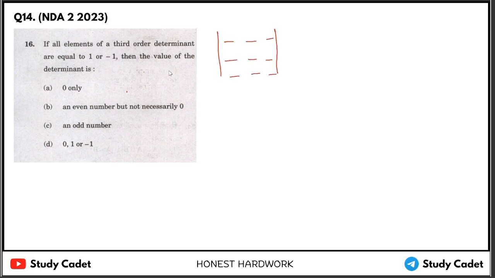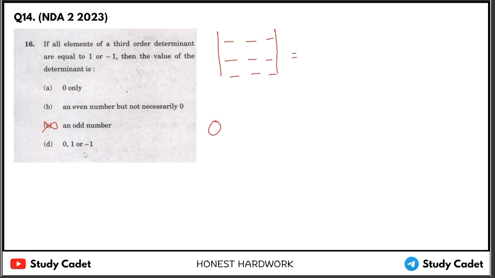So what will be the value of the determinant? An odd number will not be the answer, because 0 will always be the case, because if all the elements are 1, then it will be 0.